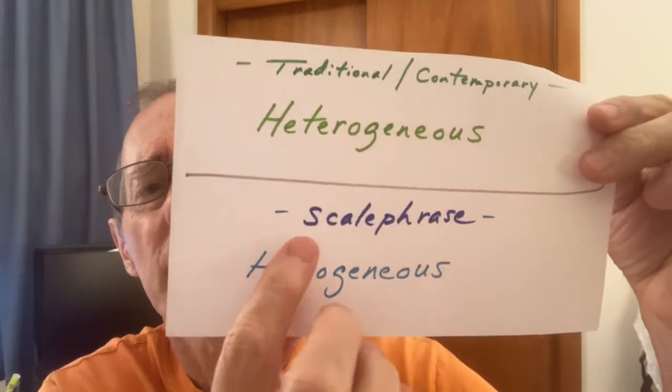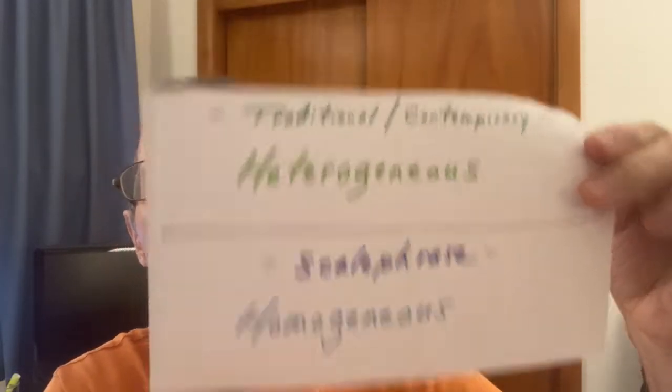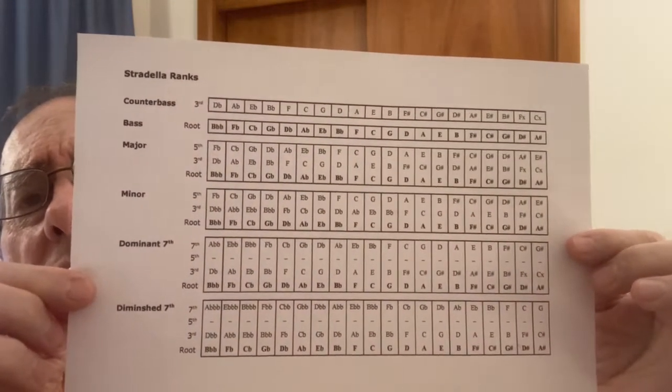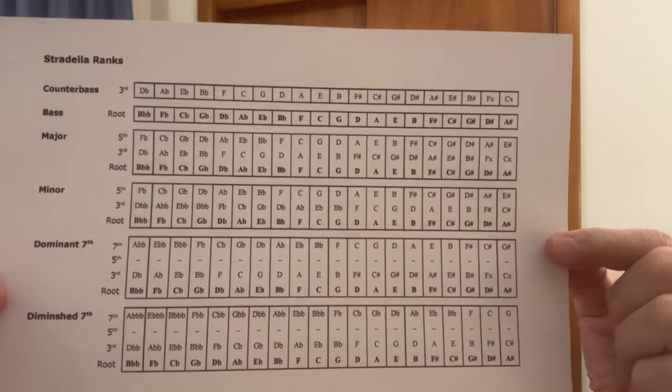And mine, the scale phrase chart, that's my channel, is homogeneous. In other words, I try to make everything as uniform as possible, as consistent as possible, as clear as possible, and provide categorically the most information as possible, okay?